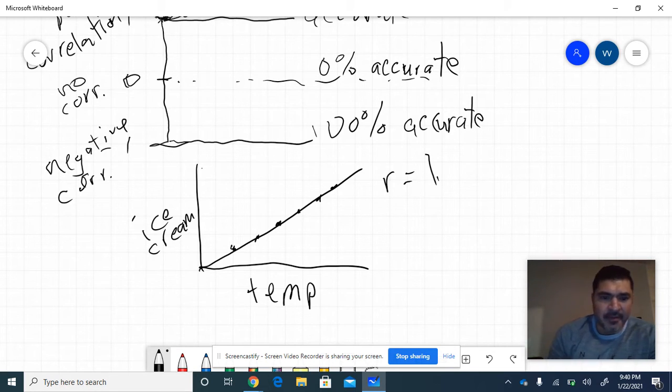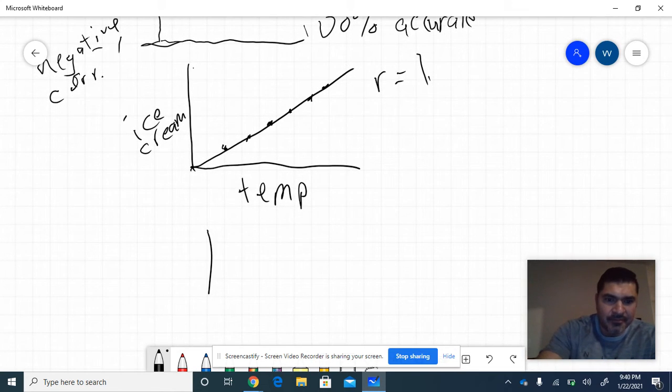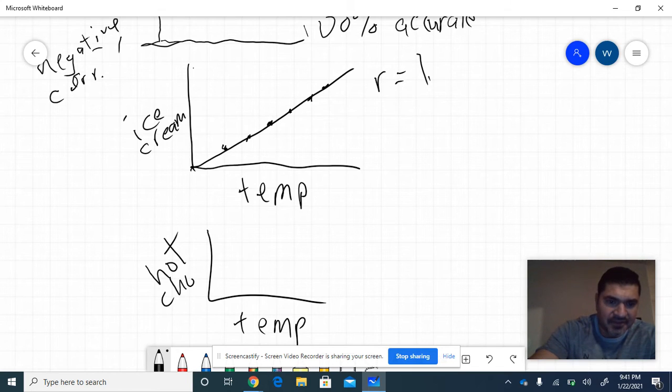Okay? Now, a negative correlation, again, I'll use temperature, but this time I'm going to use hot chocolate instead of ice cream. So as the temperature goes up, actually, let's go backwards. As the temperature goes down, people are going to buy more hot chocolate.